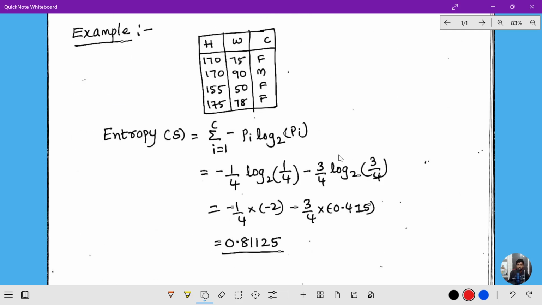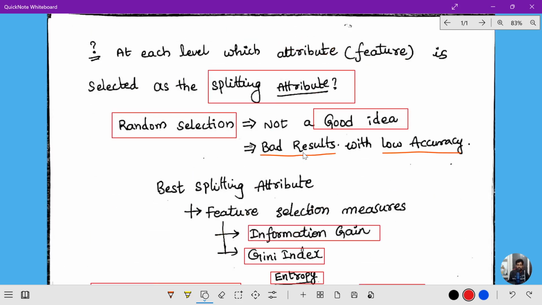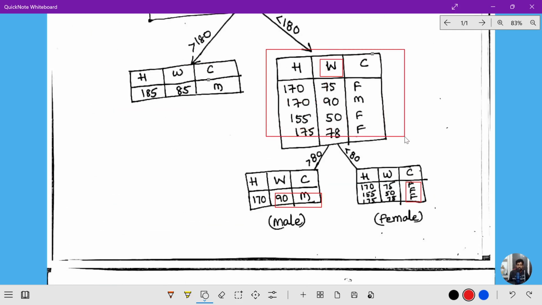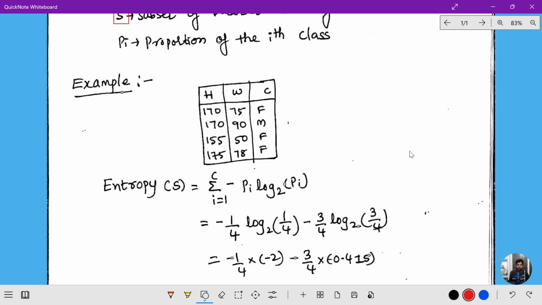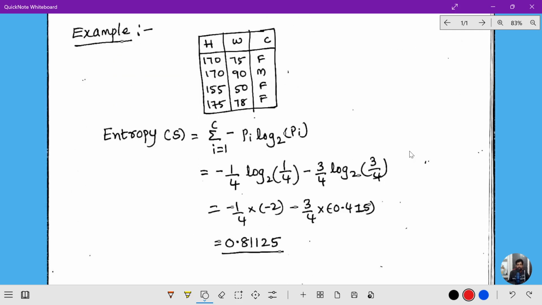Now let us take the above example: male, female, female, female. This example comes from this box. Now we are going to find the entropy value. The formula is sigma i equals 1 to C of minus Pi log base 2 of Pi.